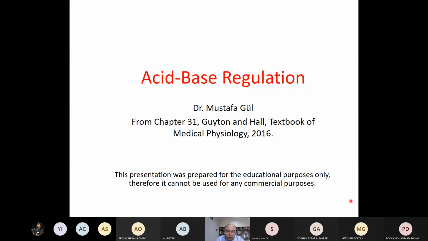On the other hand, if a newborn baby has pyloric stenosis, you know, at the end of the pyloric section of the stomach there is a sphincter. This sphincter can be hypertrophied in some children, so gastric content cannot go further to the duodenum, to the small intestine.